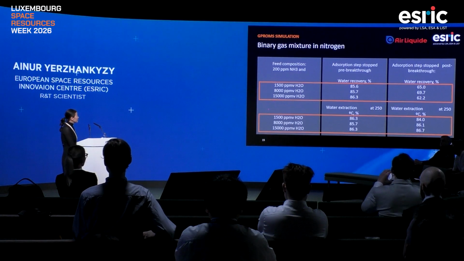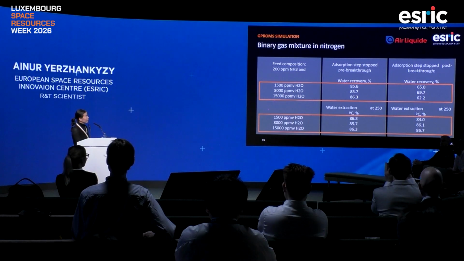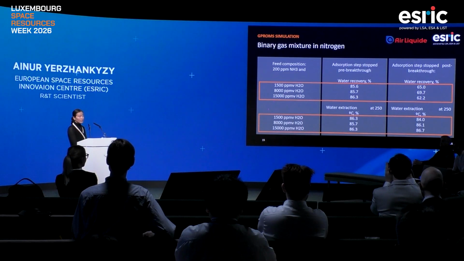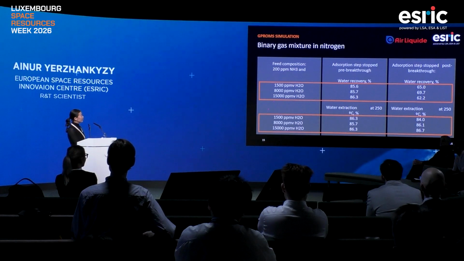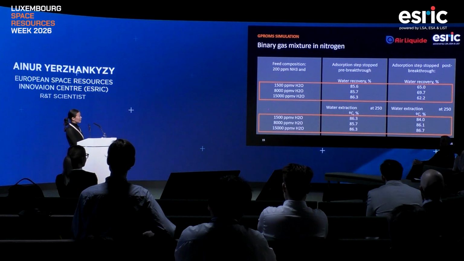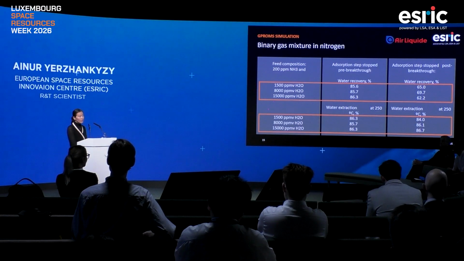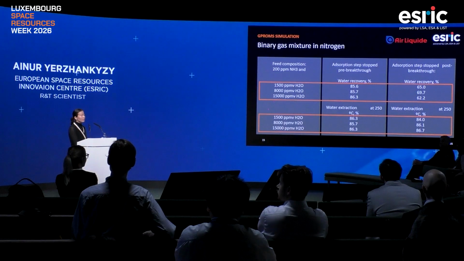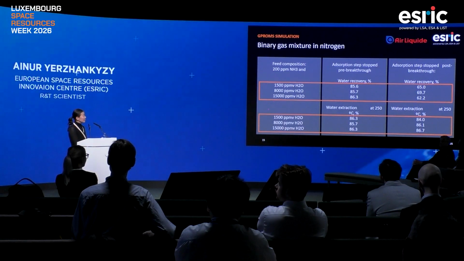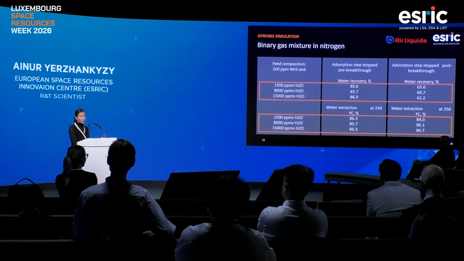So here, what do we see in terms of recovery? If we stop the adsorption step before we see any breakthrough of ammonia and water, then our recovery and extraction more or less settle at the same value, around 85%. And this doesn't mean that we're losing water at our outlet, but it explains that our 250 degrees of regeneration is limiting full extraction. So basically some of the water that's been captured by zeolites is trapped there.